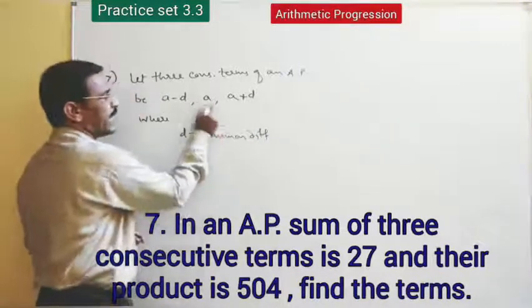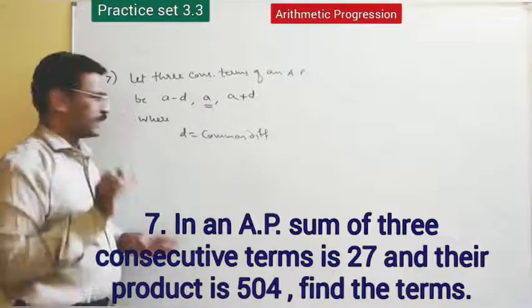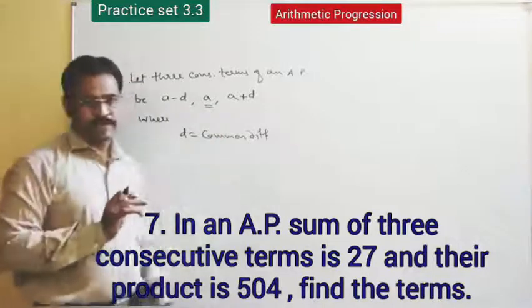We suppose that A is the middle term out of the three, and D is the common difference.